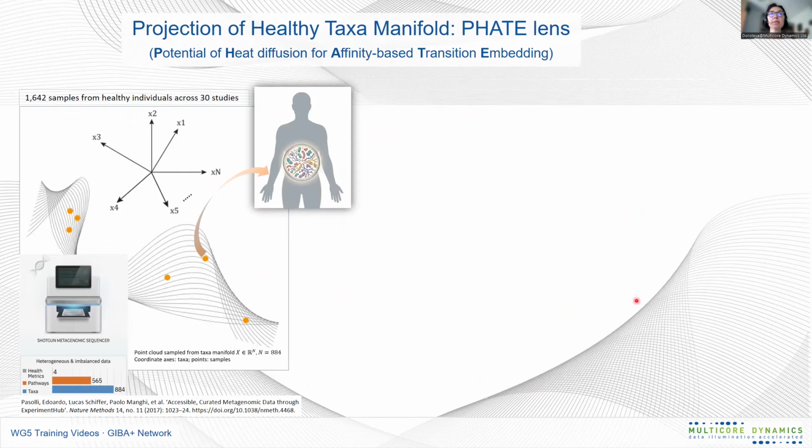How this is done in practice, here is given an example of taxonomic and functional profiles of gut microbiome samples from healthy individuals. These data are available in an open repository as published here.